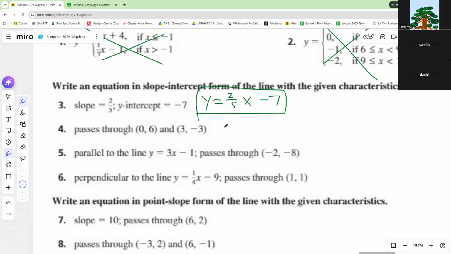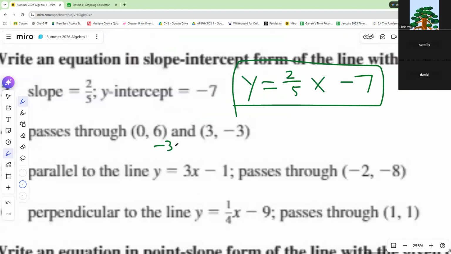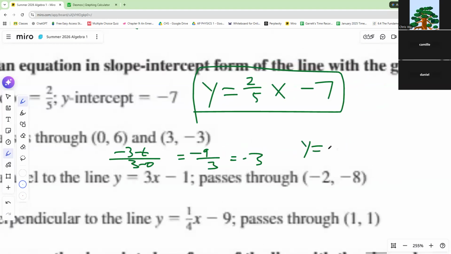Okay, so for this one, I think the correct answer is, if we get the slope, negative 3 minus 6 over 3 minus 0, right? So that's going to be negative 9 over 3, so that's negative 3. So we should have y equals negative 3x plus 6, because this is the intercept already, right?